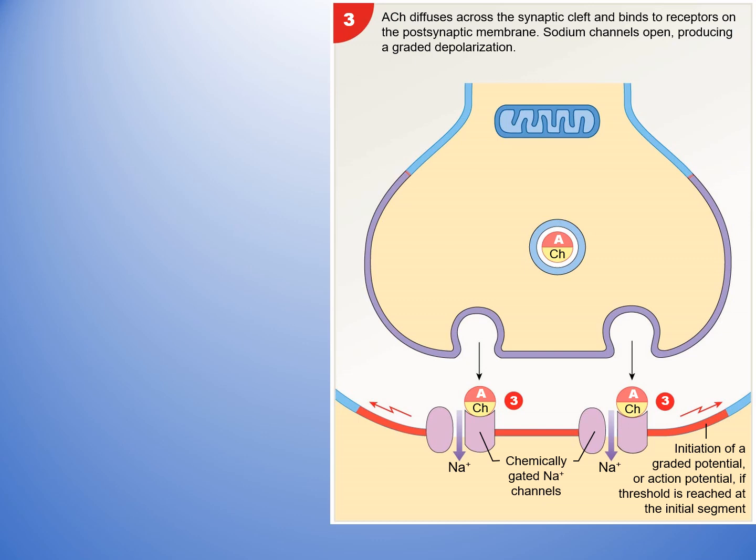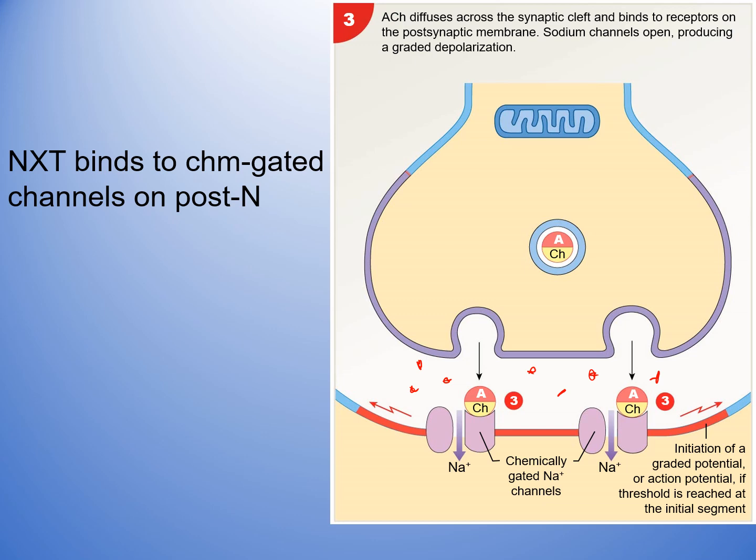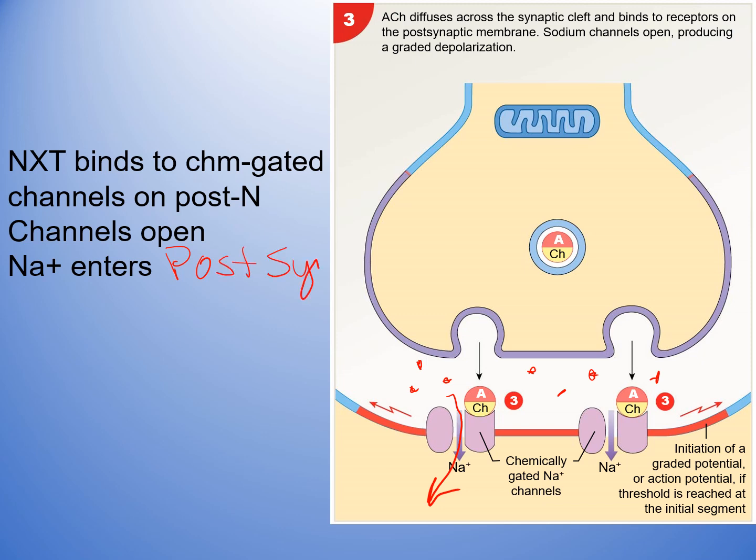Once our neurotransmitter is in the synapse, it can then bind to those protein receptors. And when it binds to those protein receptors, they're chemically gated channels, not voltage gated channels. And when these channels bind to their neurotransmitter, the channels will open, allowing sodium to enter into the postsynaptic neuron. Let's note that here. It enters into the postsynaptic neuron.